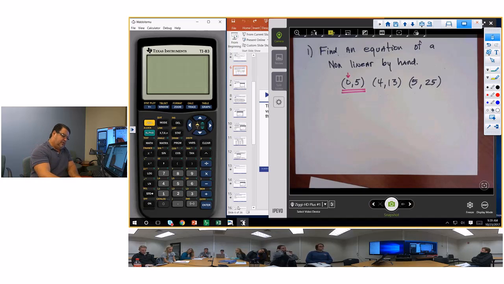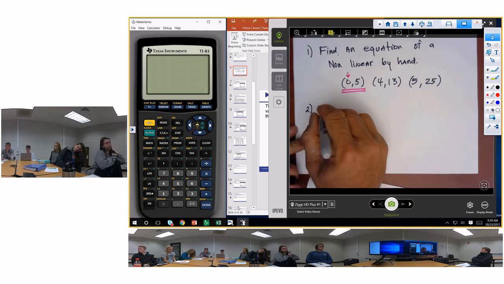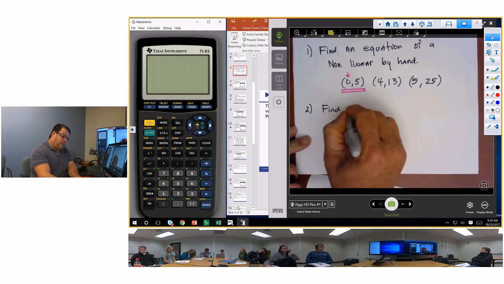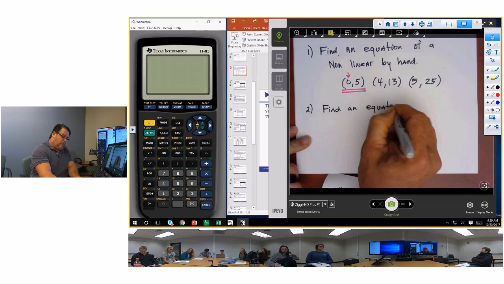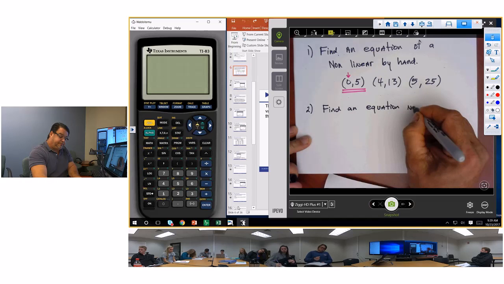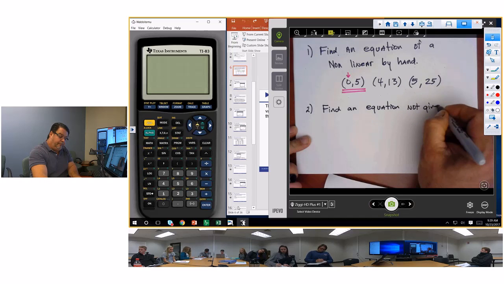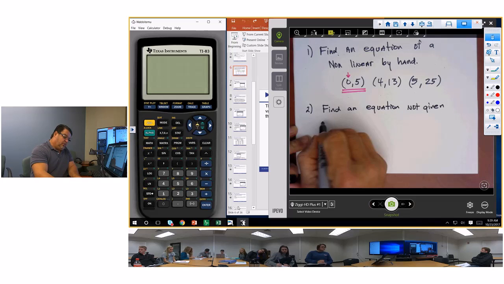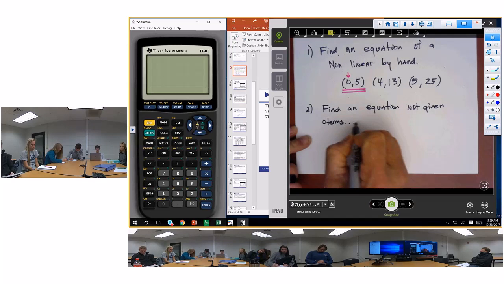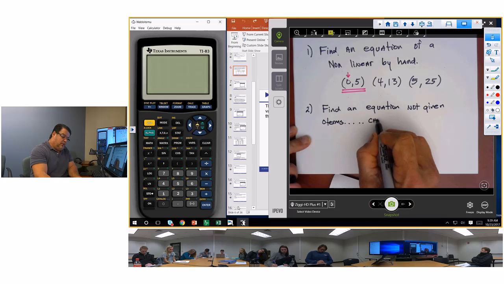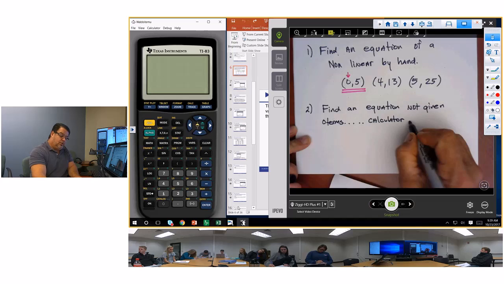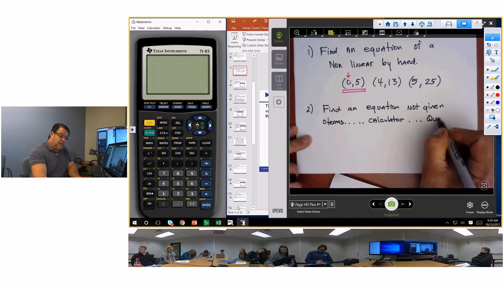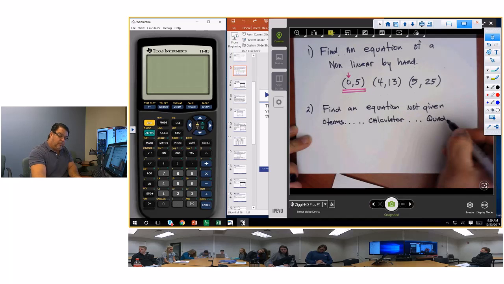Versus find an equation not given 0 terms. And if you're not given 0 terms, you have to rely on your calculator and use quadratic regression.